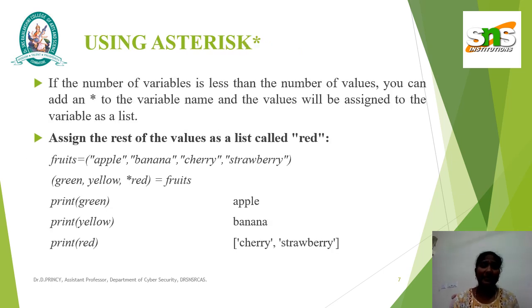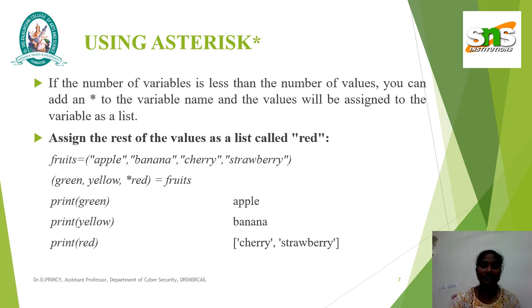Using asterisk. Asterisk generally refers to all. If the number of variables is less than the number of values when you are unpacking a tuple, we have to store the remaining values as a subtuple in the last variable. For that purpose, we use the asterisk symbol. For example, fruits is a tuple which has the values apple, banana, cherry, and strawberry.